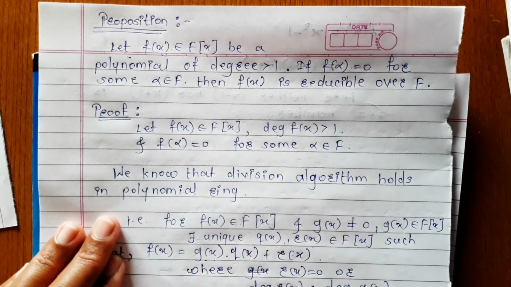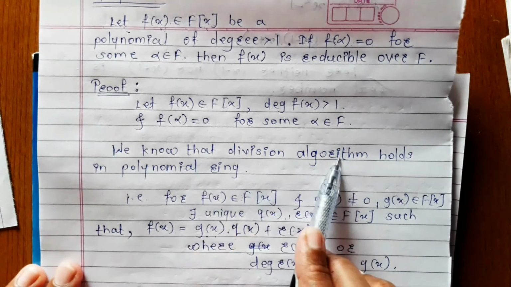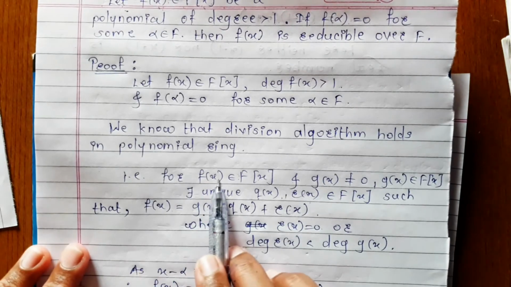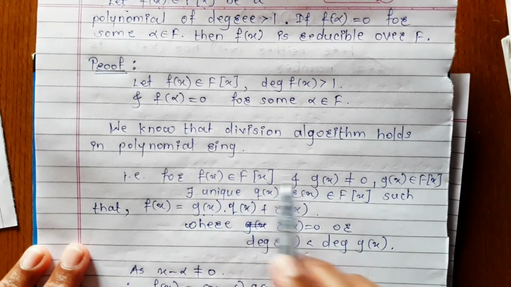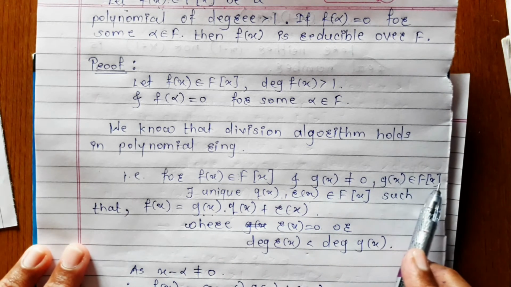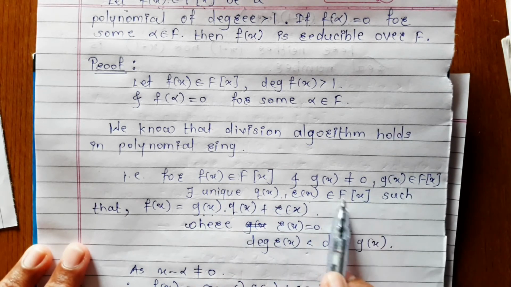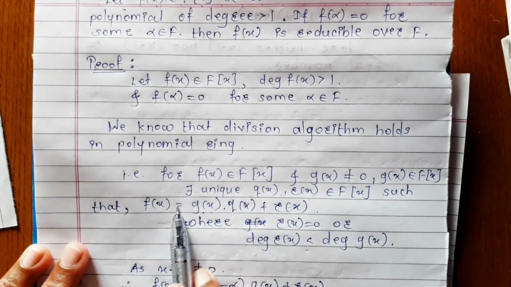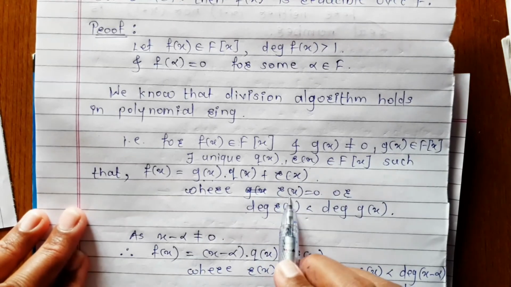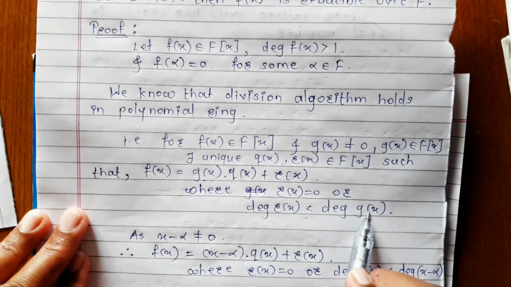This is given. We know that by the first property of the polynomial ring, the division algorithm holds in the polynomial ring. That is, for f(x) belonging to F[x] and a non-zero polynomial g(x) belonging to F[x], there exist unique q(x) and r(x) in this polynomial ring such that f(x) equals g(x) times q(x) plus r(x), where r(x) equals 0 or degree of r(x) is less than degree of g(x).